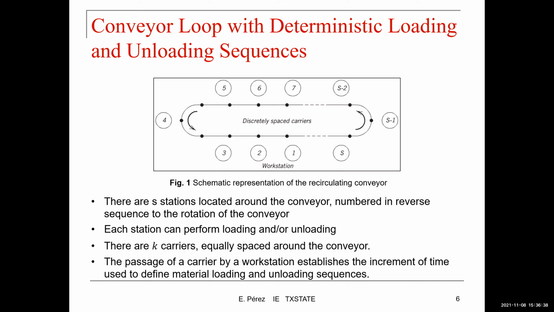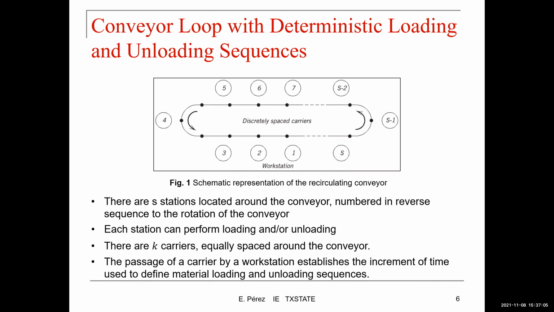So the schematic representation, again: here we have S up to S minus 1 carts or carriers. And then the conveyor is in the middle, rotating in this counterclockwise direction. And the stations are numbered in a clockwise direction.